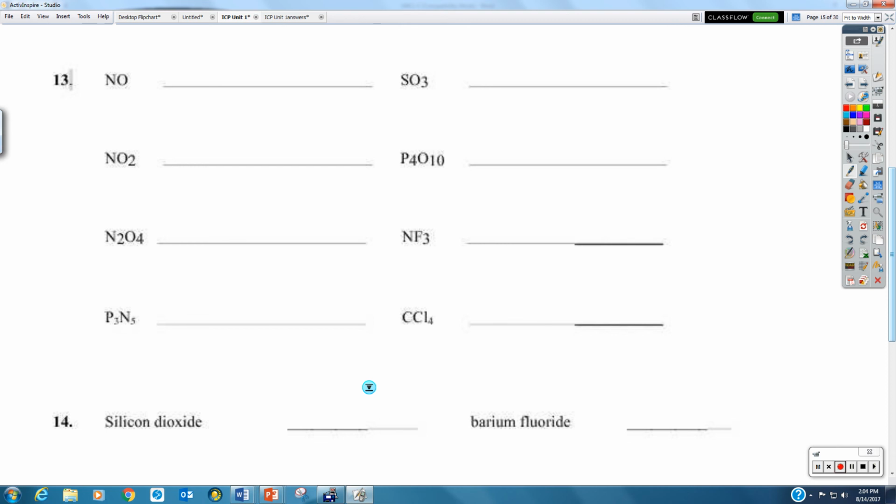What's different about number 13? They're all covalent. So I'm not going to do these. I'm going to stop kind of teaching right here, but does anybody remember the prefixes? Mon.